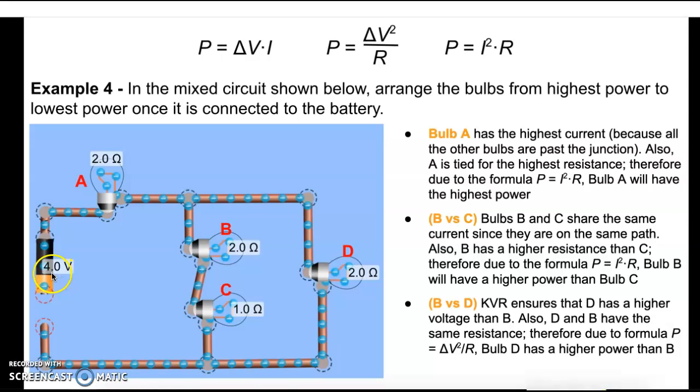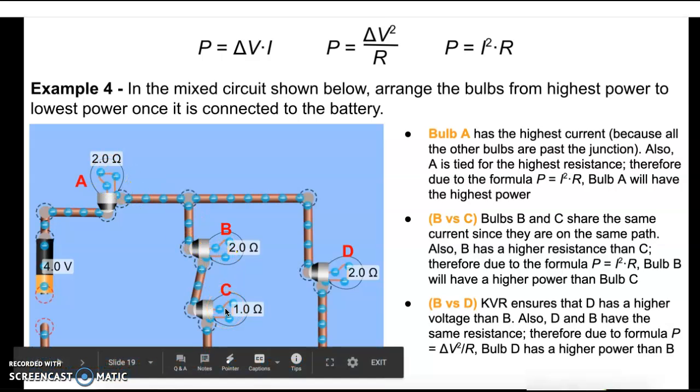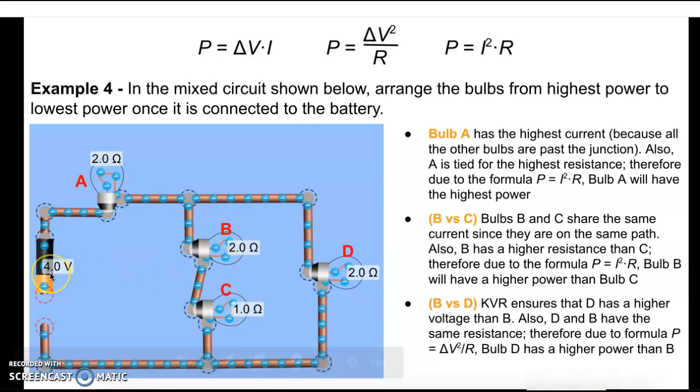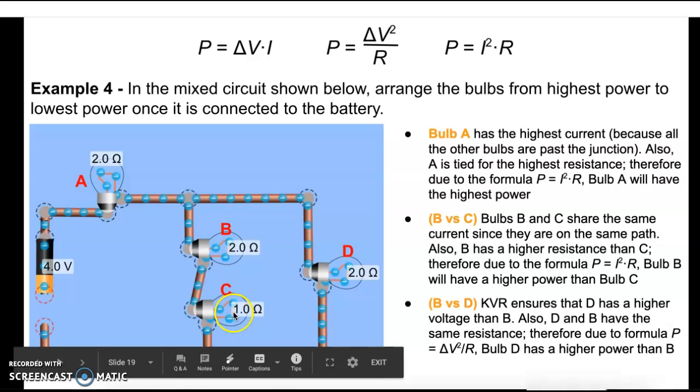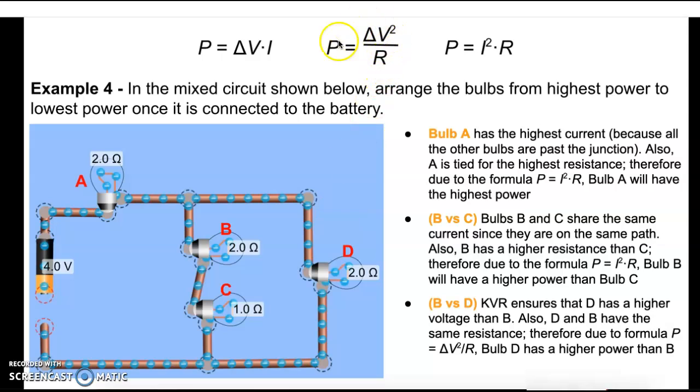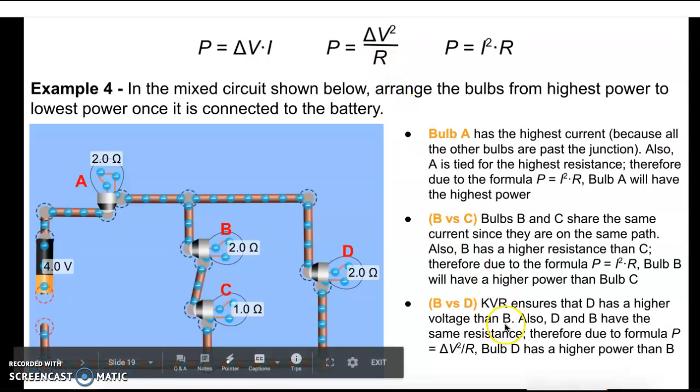Looking at the inside loop, 4 volts has to be balanced by A, B, and C. And looking at the outside loop, 4 volts is balanced by A and D. So while bulb B has to share some of the voltage with bulb C, bulb D does not have to share any voltage with anything else in its path. So bulb D will have a higher voltage. Now looking at the middle formula with a higher voltage and the same resistance, bulb D has a higher power than bulb B.